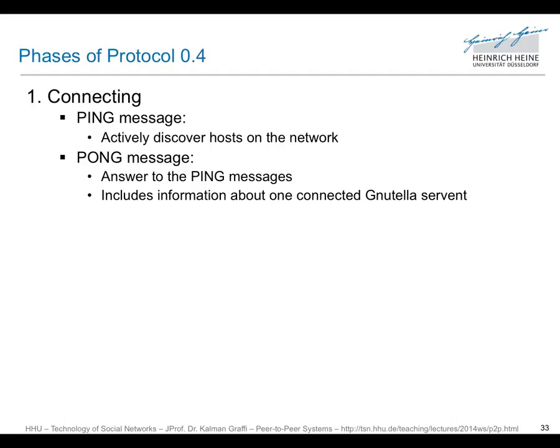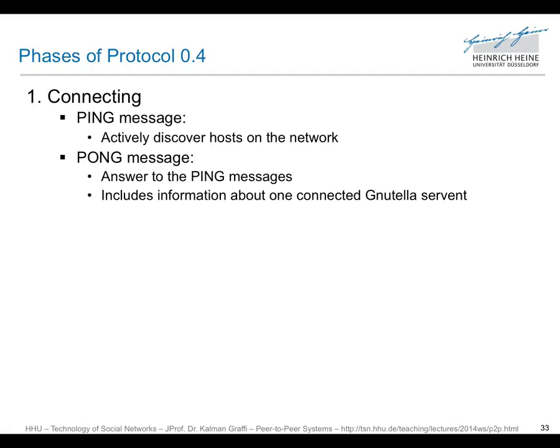You send a ping message which announces you: I'm here, this is my contact address, and that's it. And you receive from the node that you sent it to a pong message saying, okay, I'm also here, and this is my contact address. But you will see what the node also does. He forwards your ping message to his neighbors.